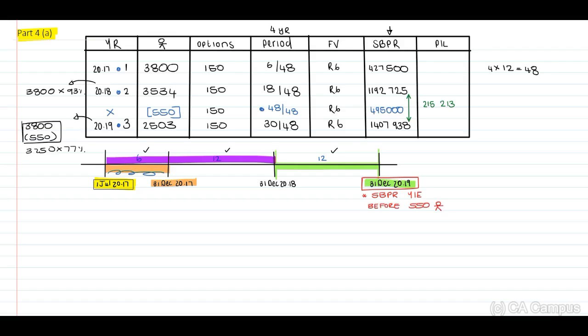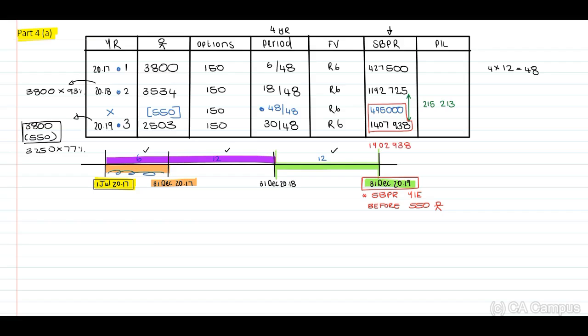Before the 550 employees cancelled, our share-based payment will be the total of this 495,000 plus the 140,937. Therefore, this is an amount of 190,238. You with me? Okay.